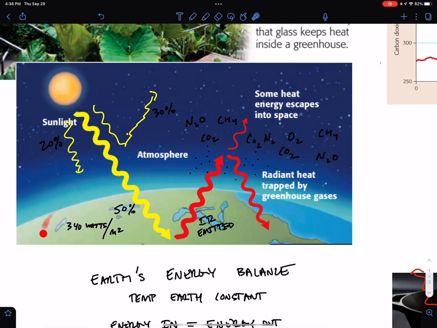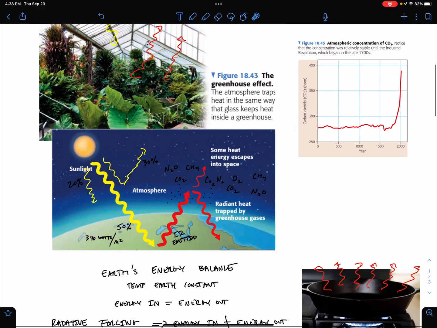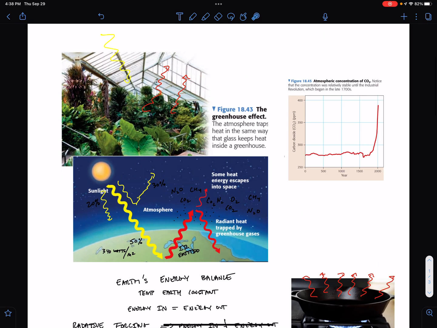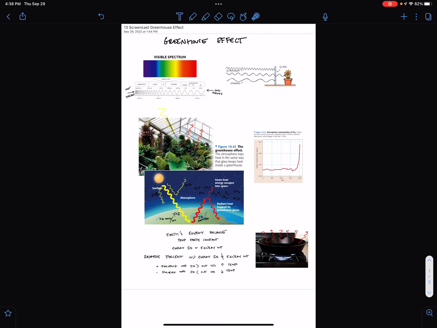So now we are receiving 340 watts per square meter of energy from the sun, but we are not emitting 340 watts per square meter because we're trapping it in the atmosphere. And that is the greenhouse effect. And that is why the Earth is heating up.